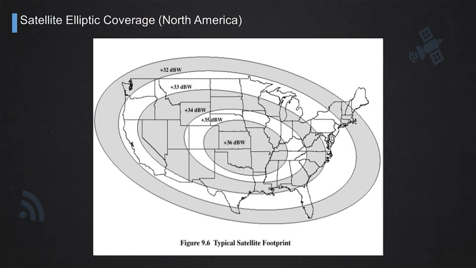Ellipses are also fitting into other coverages. For instance, an elliptical coverage fits well in covering North America. So there were many satellite missions that were, in fact, using elliptical beams to cover the United States of America. And we see here an example of the coverage with the different realized EIRPs, the effective isotropic radiated power contour lines.